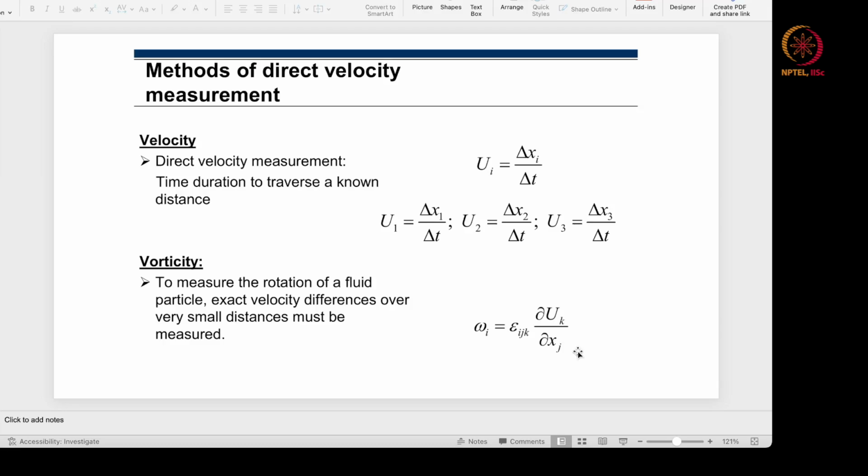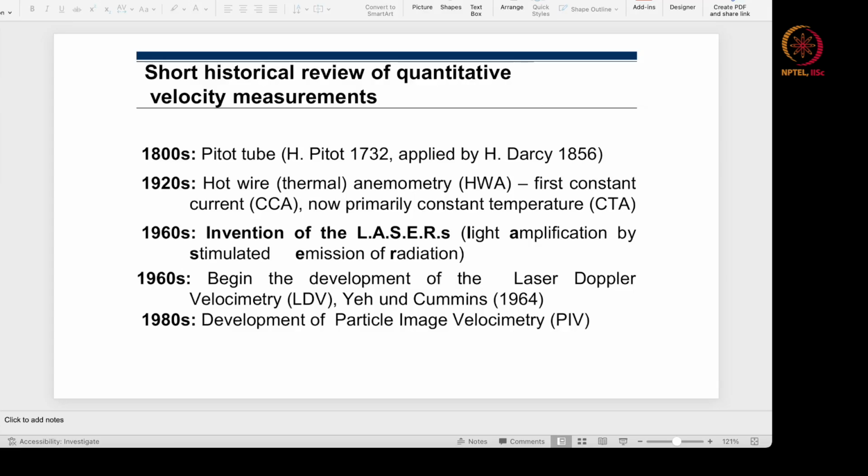If it's the x component of the velocity, it's a variation with respect to y and with respect to z. In this case, of course, you need to know the slope. That means you need to know the change in velocity over very small distances, because you can see this as a differential. So this is a vorticity. So this calculates the rotation of the fluid particle. Okay, so these are more direct measurements.